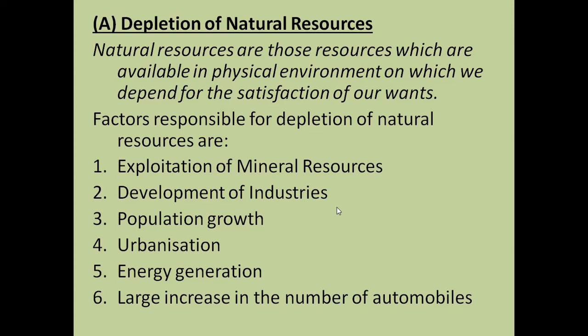So if there is a large population in a particular area, it means it is a good market. It has the potential. Then the industrialist can sell more of their products in that market. That's why they are always thinking about population growth. But population growth is not that good for our environment.